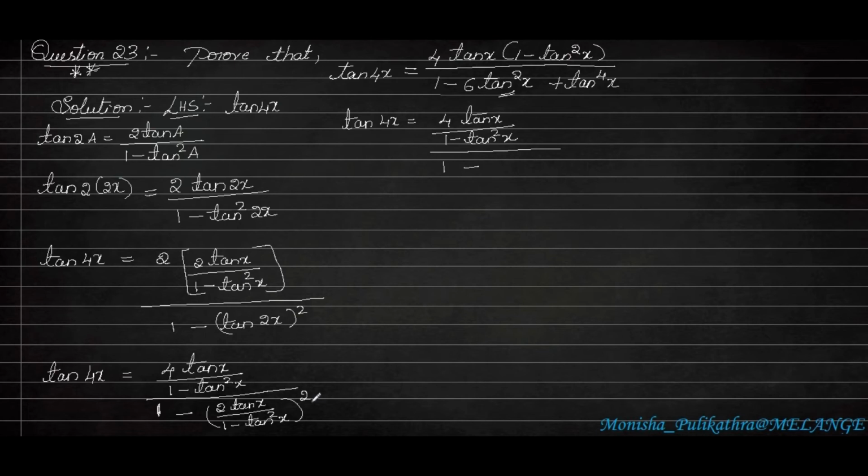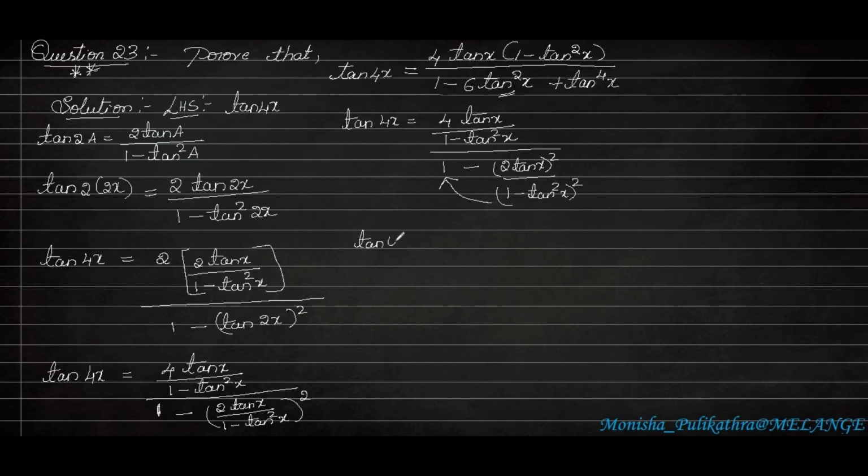here 1 minus, this square concerns with both numerator and denominator. So we can write it as 2 tan x whole square divided by 1 minus tan square x whole square. So we can take an LCM of it, so it will become cross multiplication. Okay.